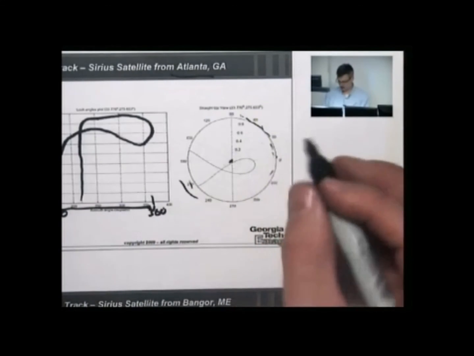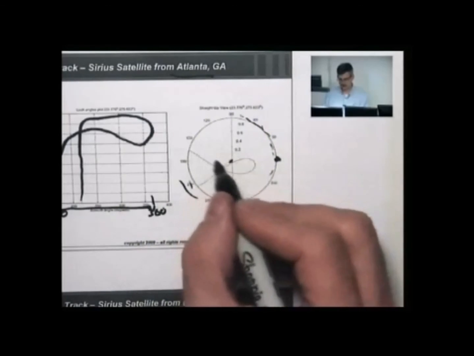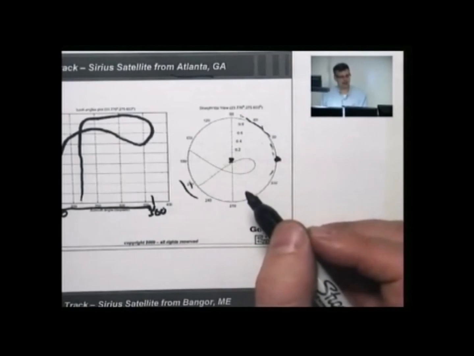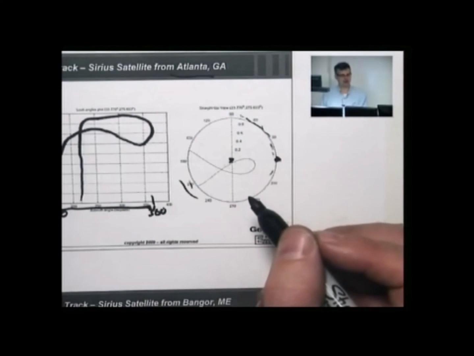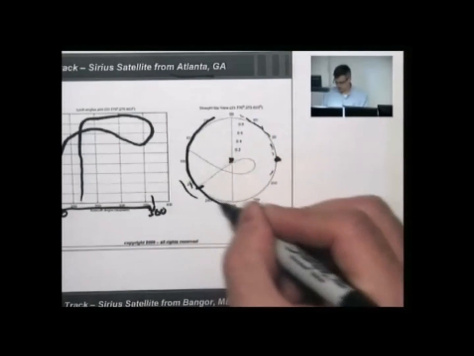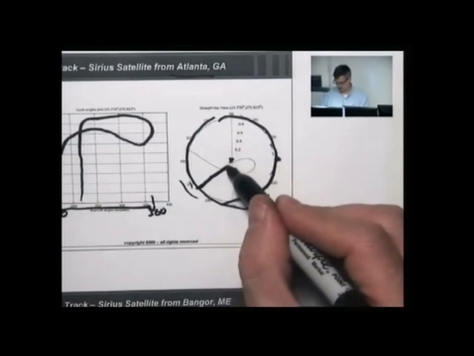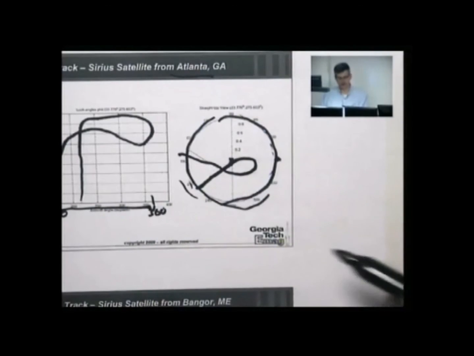So cosine is 0 on the horizon, over here. Cosine of 90 degrees is straight up, like here. This is nice because it gives you a sort of fisheye perspective of the sky track. If you were laying on the ground looking straight up in the sky, this is roughly what you'd see. This rim would be the horizon, and the satellite would come up here, kind of dance around, and then fall back below the horizon.